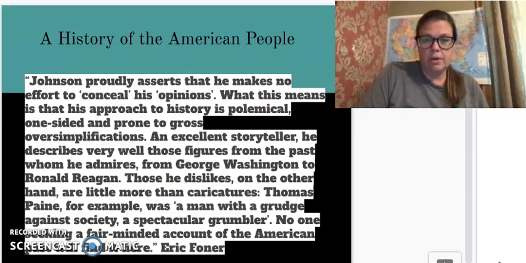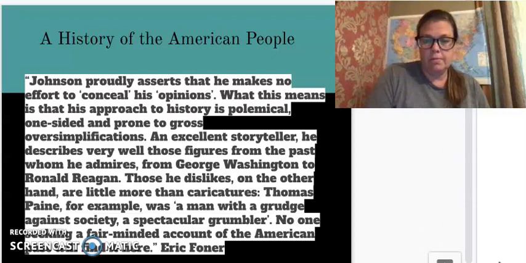But also, neither was Johnson's. To some historians, he was not accurate. He, quote, proudly asserts that he makes no effort to conceal his opinions. What this means is that his approach to history is polemical, one-sided, and prone to gross oversimplifications.